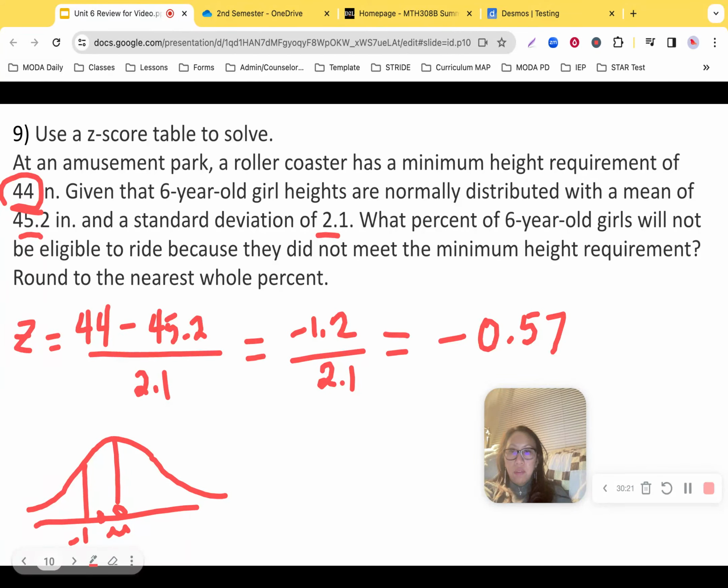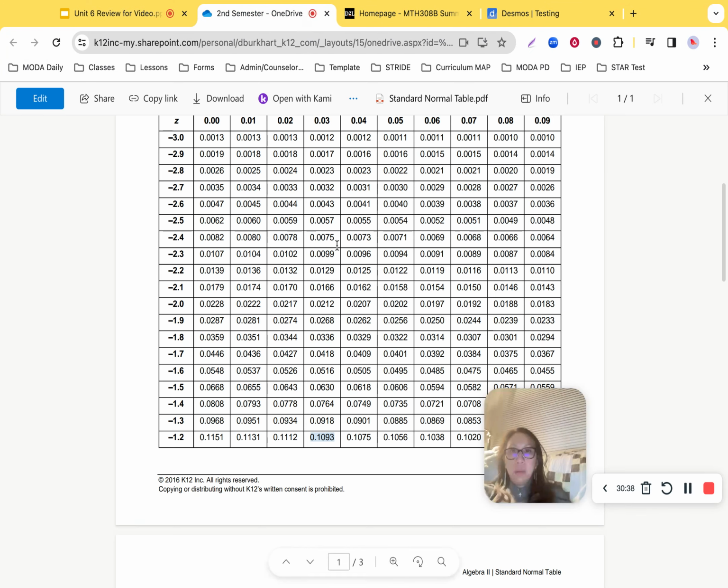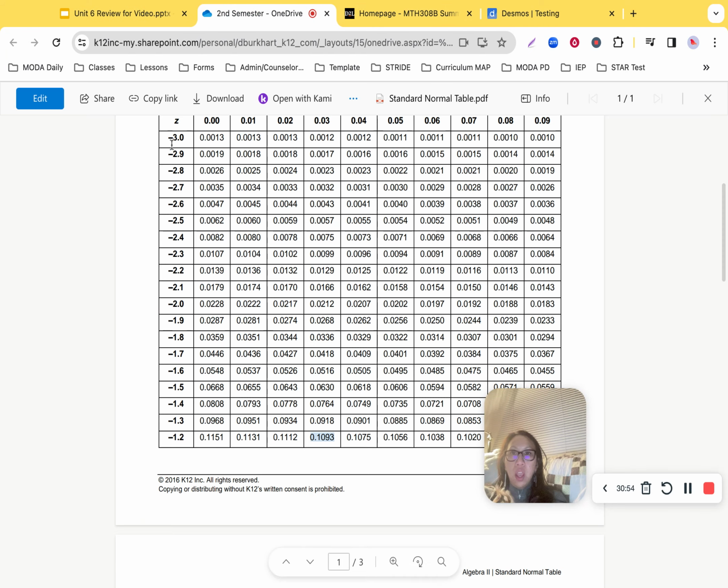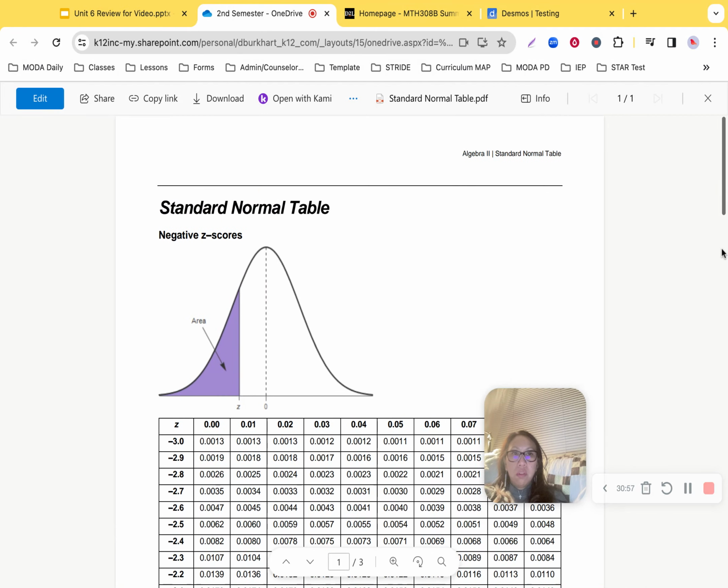So negative 0.57 is just past halfway. We know that is below the mean, and we are looking for the percentage. So going to your table, we are looking for negative 0.57. Your whole number here is 0. So you're just looking at the first decimal, or the tenths place, which is 0.5 on the left side of your table, the first column.